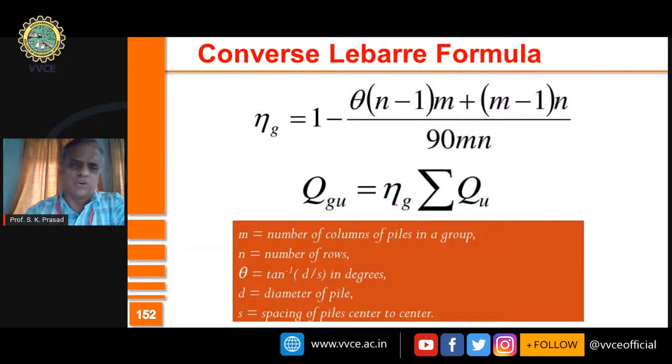And how do you find out the efficiency? You can use the geometry. This is one formula which is popular, the Converse-Labarre formula. According to this, the capacity is dependent upon the geometry.